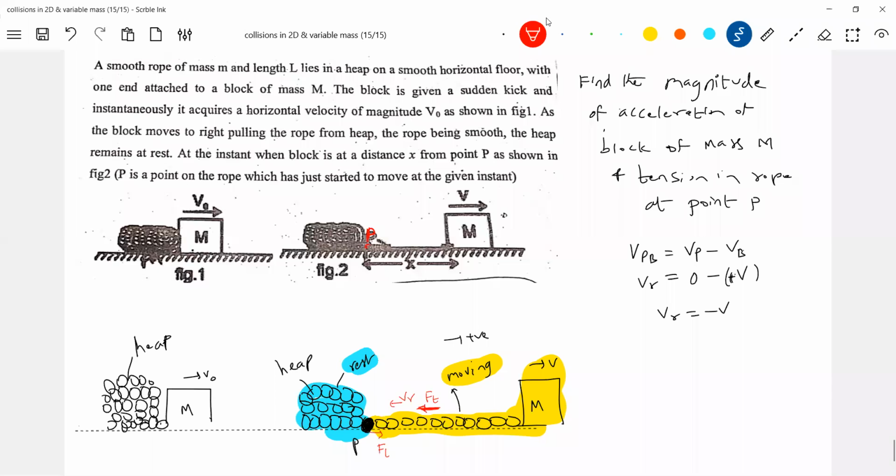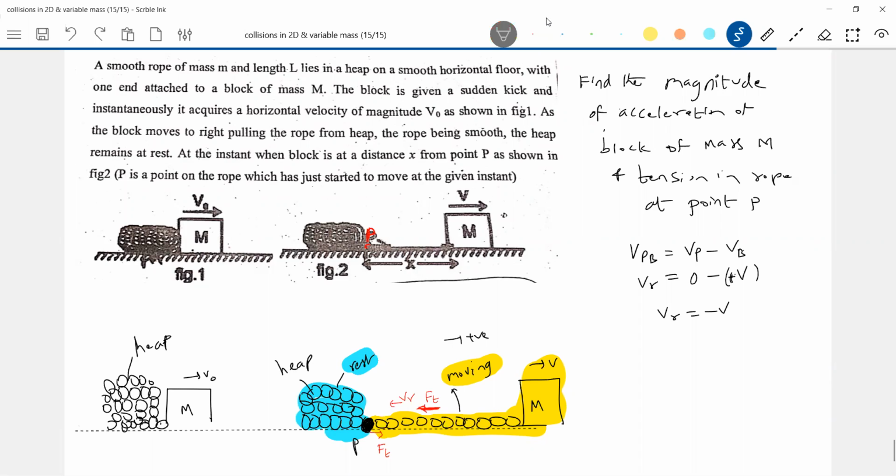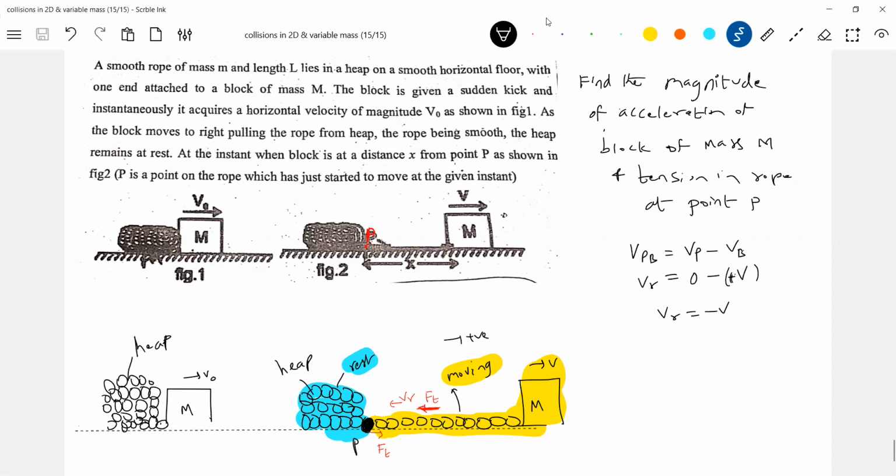Net force: the link P, which is getting added up to the system, plus the moving chain and the block, everything will become the system.